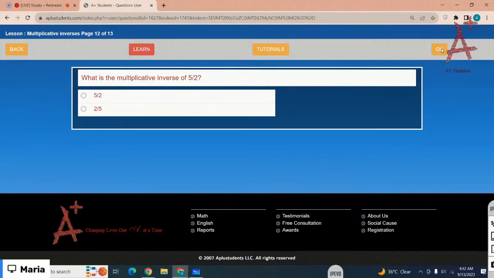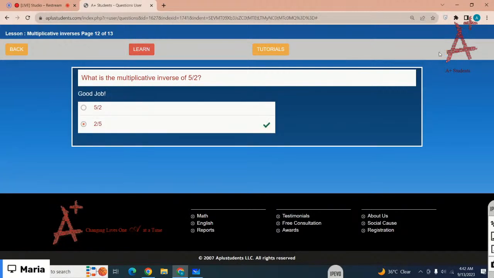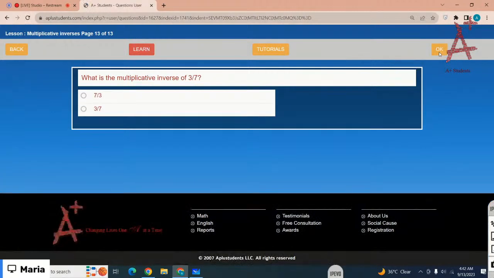The correct option is 2 over 5. Right. What is the multiplicative inverse of 3 over 7? Yes, that would be 7 over 3, right? Option number 1 is the correct option.